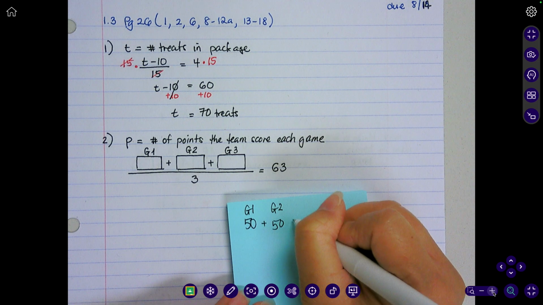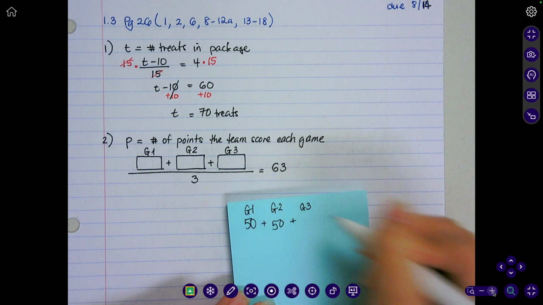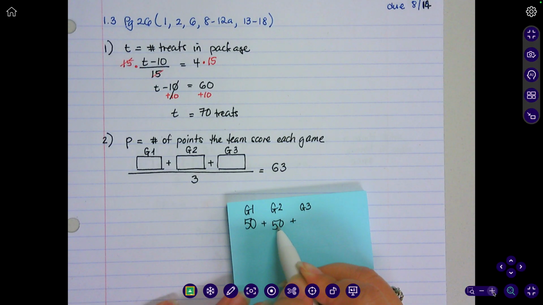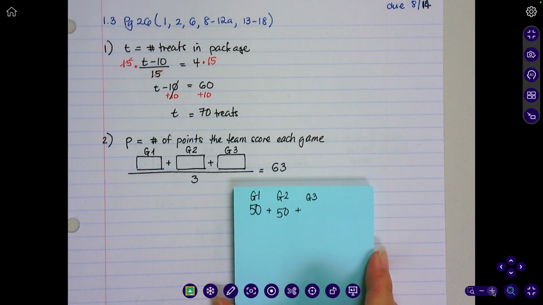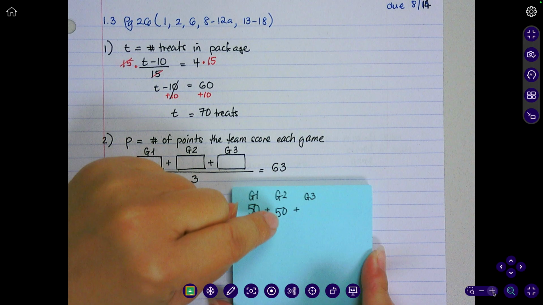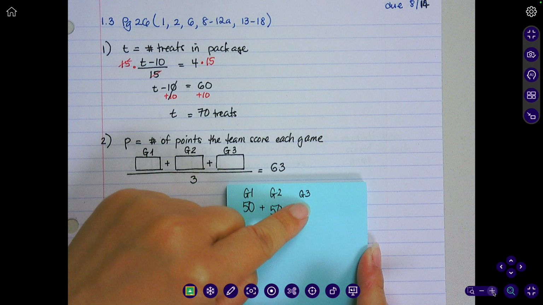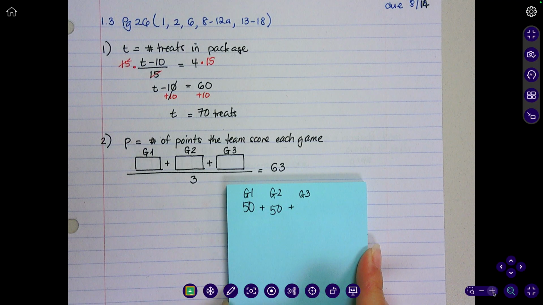Okay? They tell me for game 3, the score for game 2 is 6 more than game 3. What is the score for game 3 going to be? If game 2 is 50 points, hold on, listen to this first. They say that the score for game 2 is 6 more points than the score for game 3.